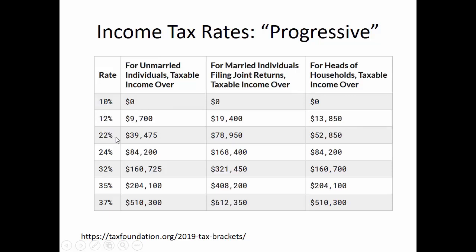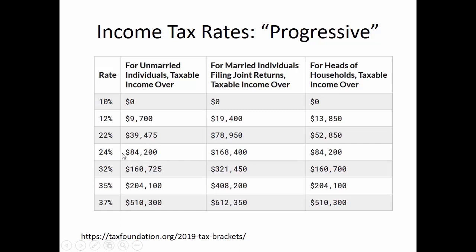The amount above $39,000 you pay 22% on. So let's say a person is earning $100,000. Since you're earning $100,000, that doesn't mean that all of your income is taxed at 24%. What it means is that each additional dollar beyond $84,200 is taxed at 24%.